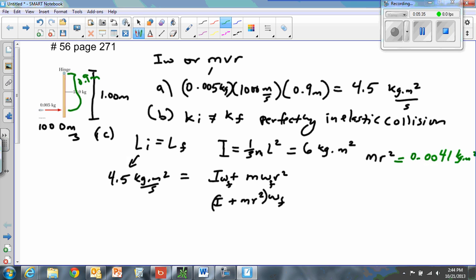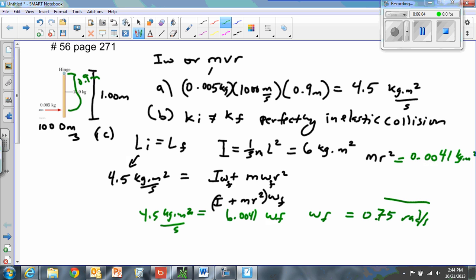So that's going to equal 6.0041 times omega f equals 4.5 kilograms times meters squared per second. So omega f is going to equal 0.75 radians per second. That's what they asked for in C. And that is just conservation of angular momentum.